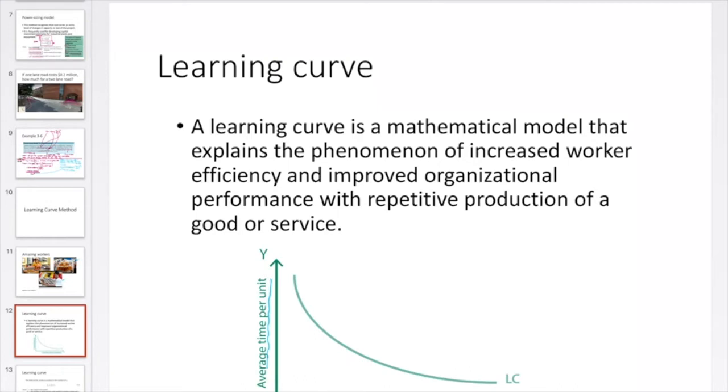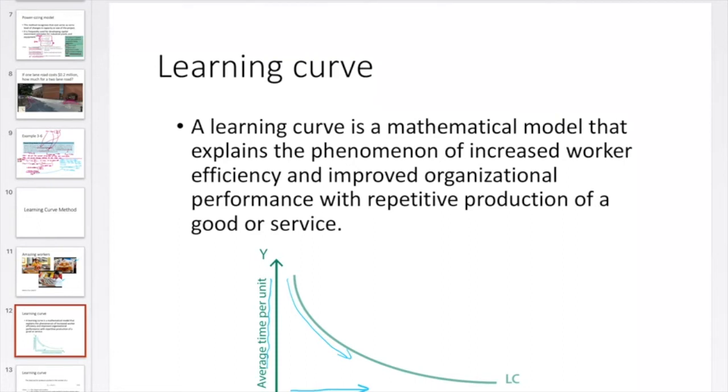It tells you that when you produce more products, right? When the line goes to the right side, the y will decrease, right? Which means you will have lower or fewer time cost for producing one more product. Okay.